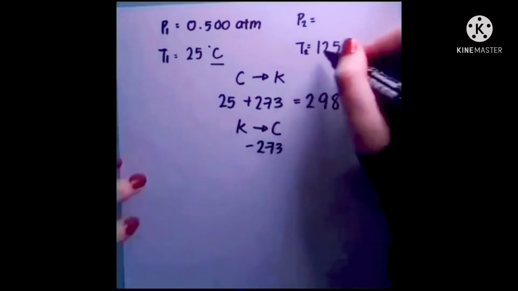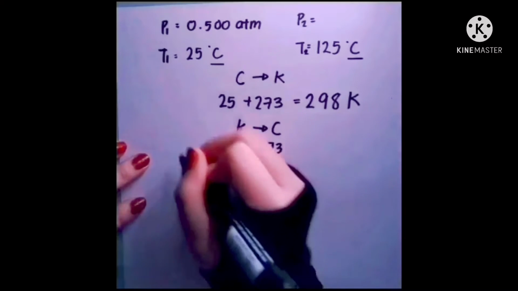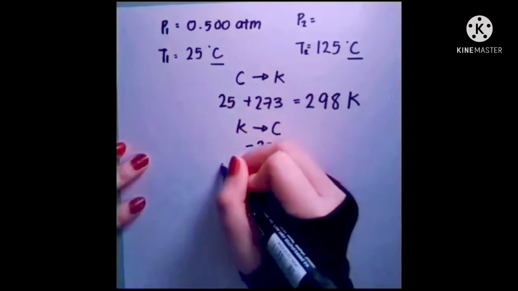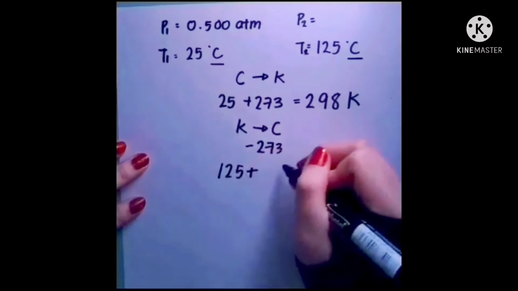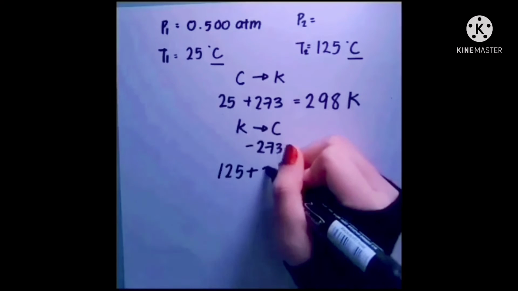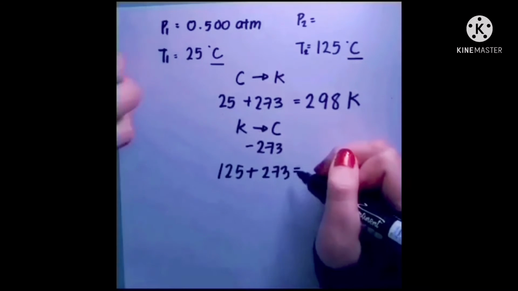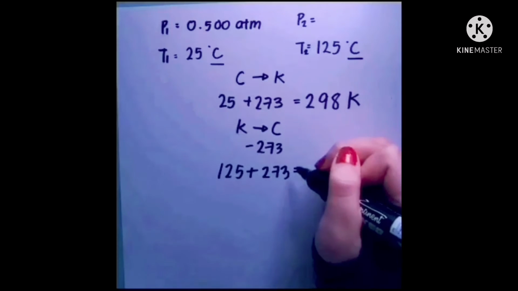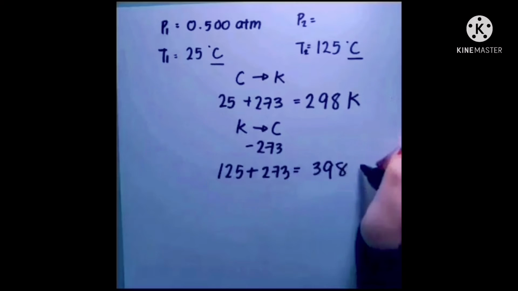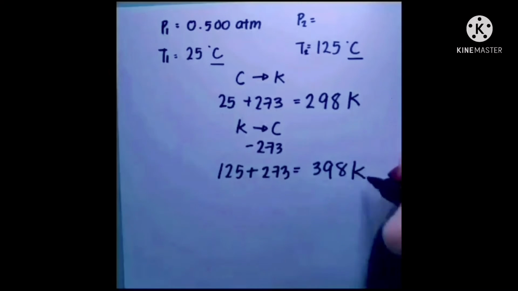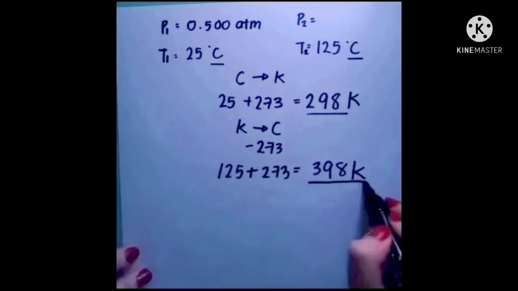At as for dito naman, 125 plus 273 is equals to 398. So, ayan na yung bago natin T1 at T2.